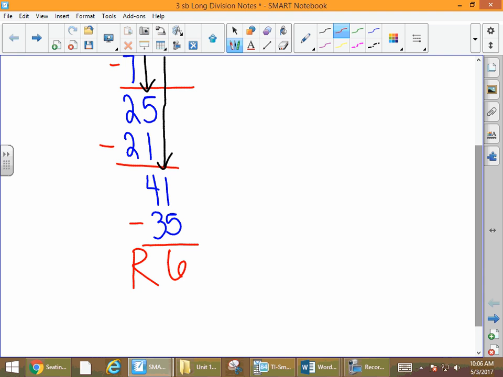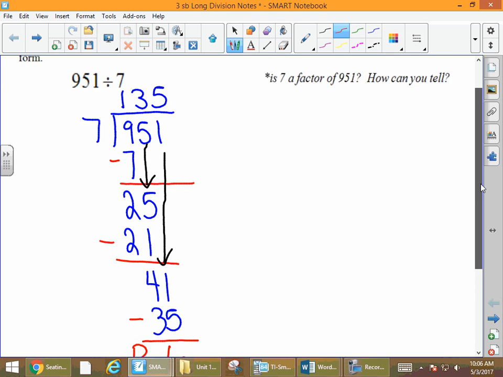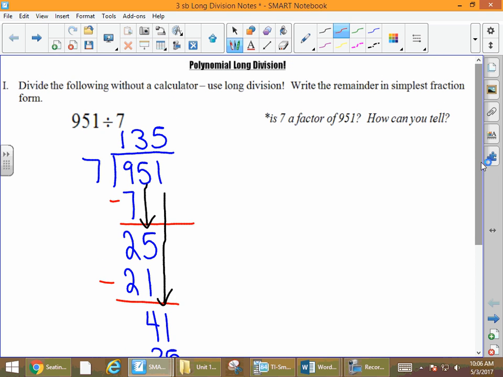But if we look back at the directions, they say to write this in simplest fraction form. What we do in algebra now is we write 6 sevenths. It's whatever remainder is divided by our divisor, which happens to be 7. What we're dividing by in the first place.